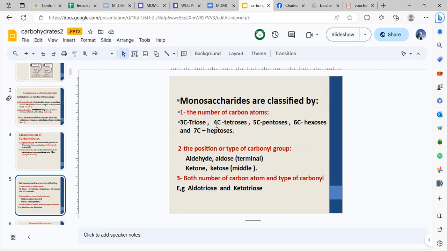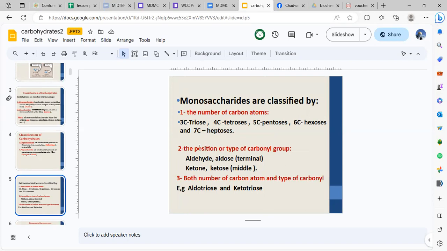So it's like your polygons, the prefixes that count the number of sides. So it's easy to remember. Okay, so that's one way to categorize monosaccharides.